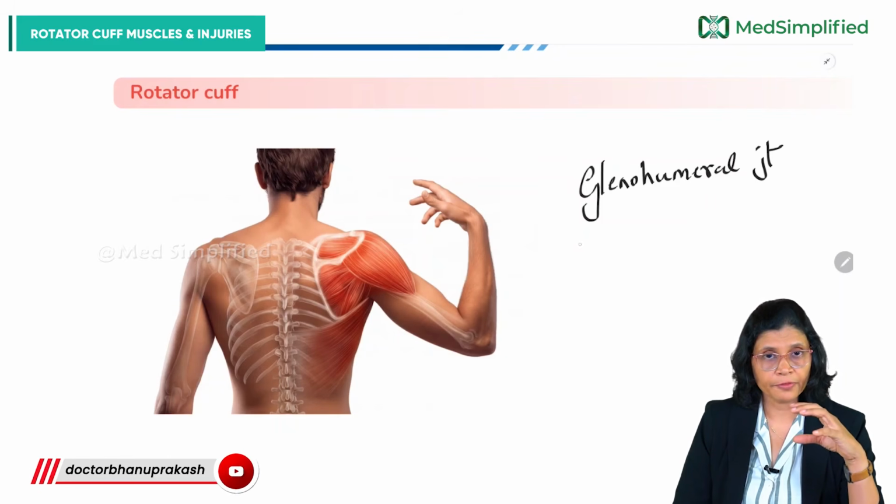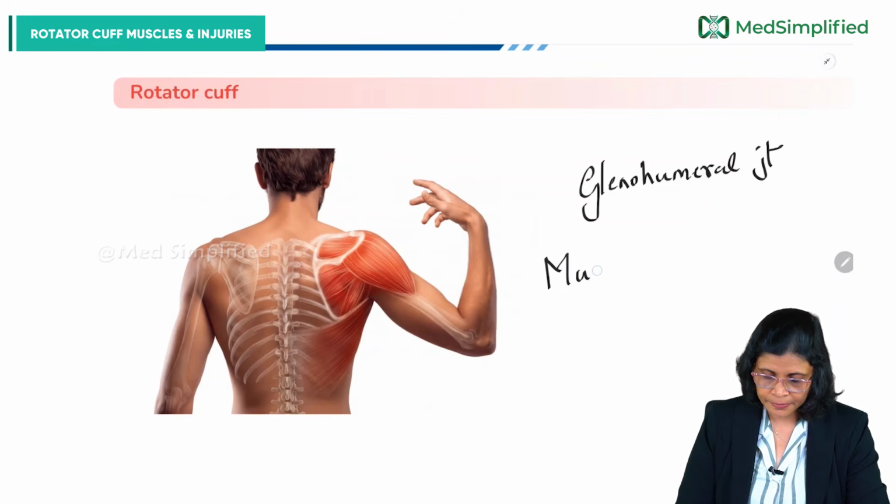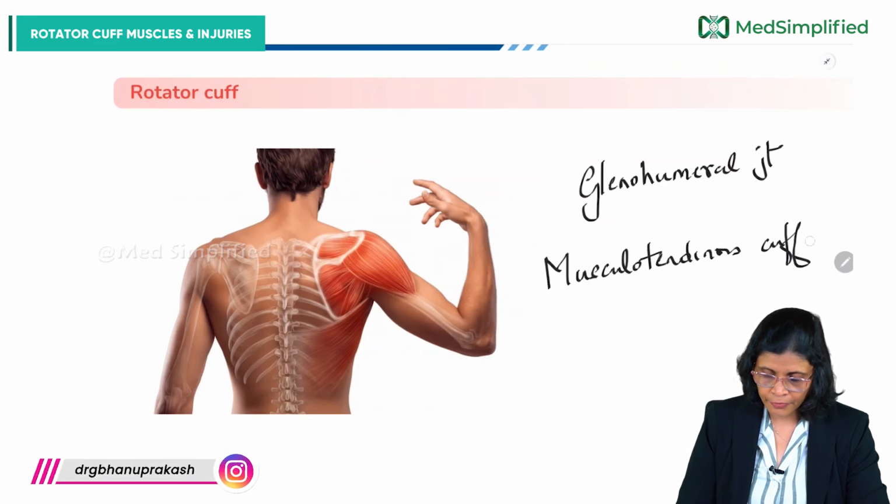And since they help in the rotatory movements, we also call it the rotator cuff. So they form a musculotendinous cuff, as well as they help in the rotation movements mainly.